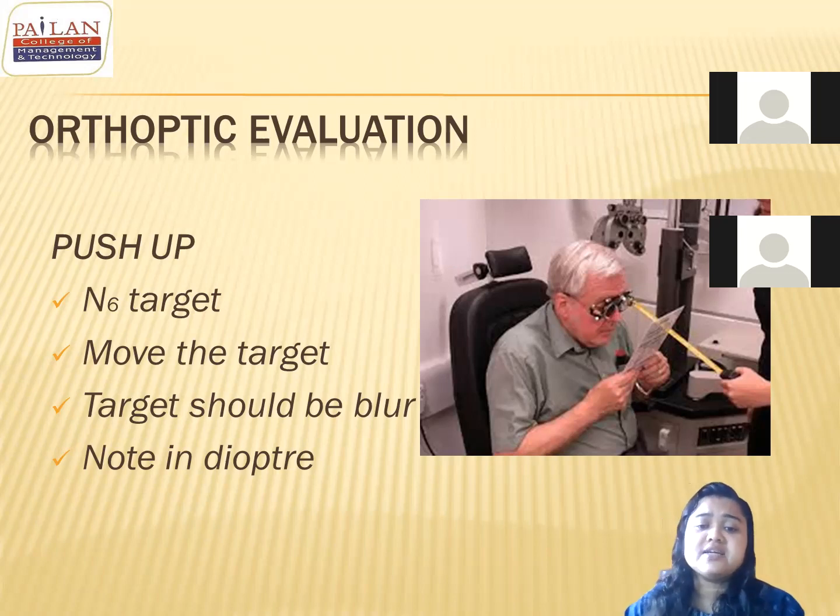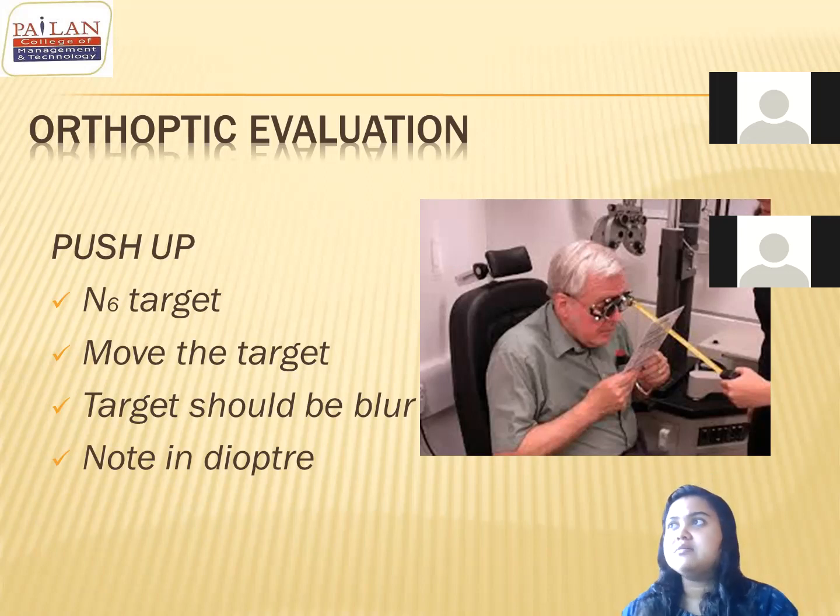When you check his distance vision, if you do a distance retinoscopy, sometimes you find that the patient has latent hypermetropia. If you get a latent hypermetropia of around plus 0.75 or plus 0.5 diopter, do prescribe it for distance and near. Tell him that he will take time to adjust.